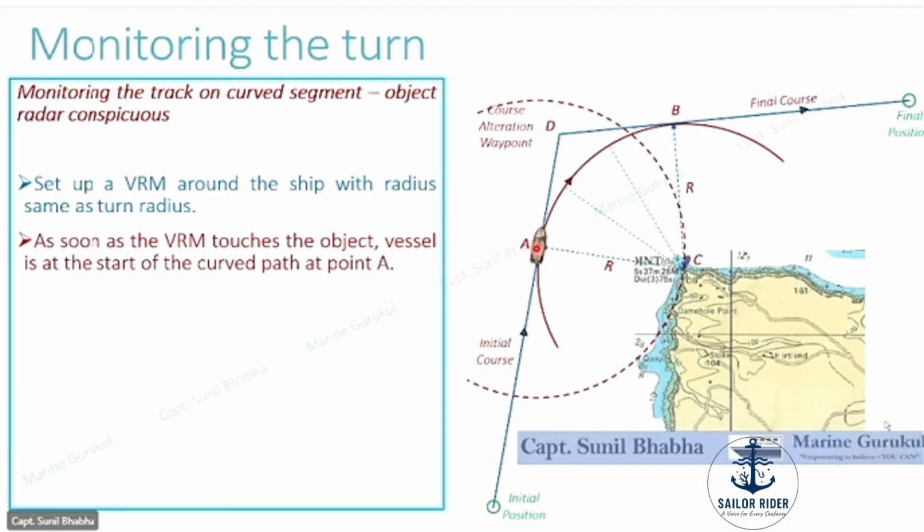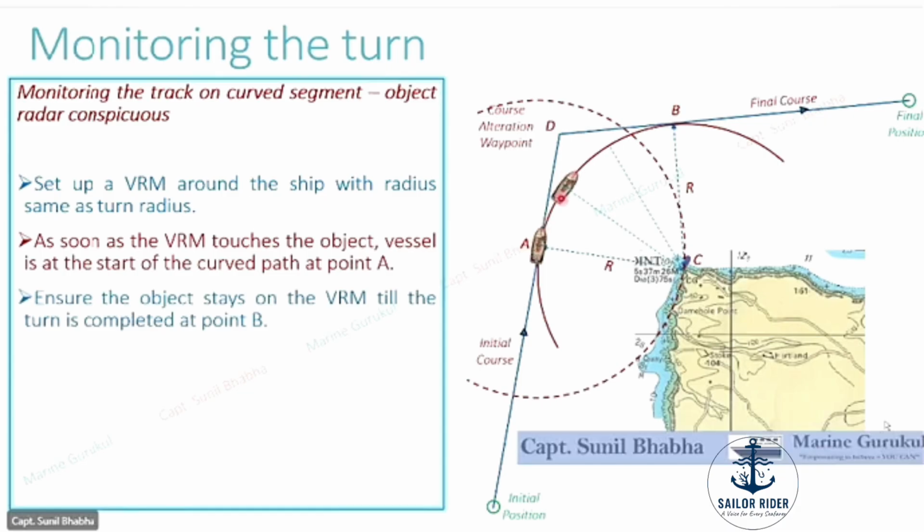Now, moving ahead on the curved path, as the ship proceeds ahead, we have to ensure that this particular lighthouse, the radar conspicuous object, always stays on top of the VRM. It should neither come inside the VRM nor go outside the VRM.